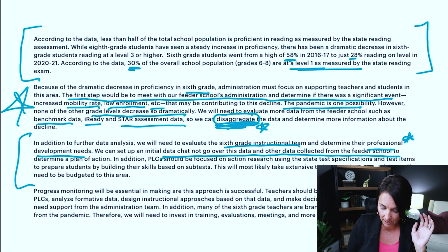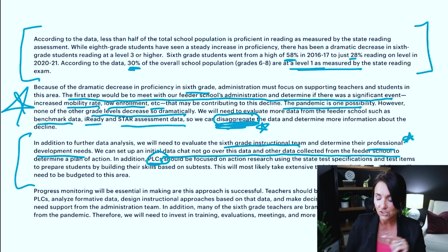And then we say, in addition, PLCs should be focused on action research, more good words that we talk about in our leadership, using state test specification test items to prepare students by building their skills based on subtests. This will most likely take extensive training and money, and time will be needed, just wrapping it up there.